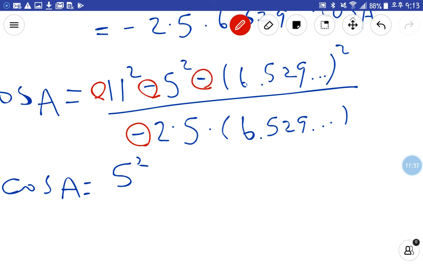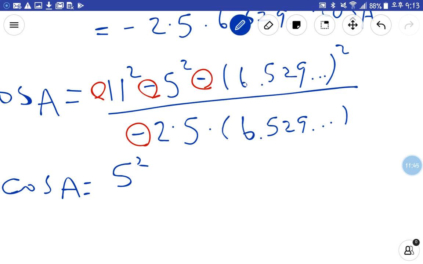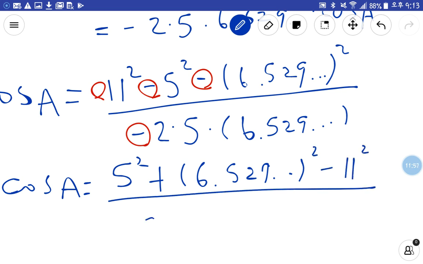So I had a minus 5 squared. Now I have a plus 5 squared. And I have minus 6.529. So I know that I'm going to have what? Positive 6.529 dot, dot, dot, squared. And minus 11 squared over 2 times 5 times 6.529 dot, dot, dot.